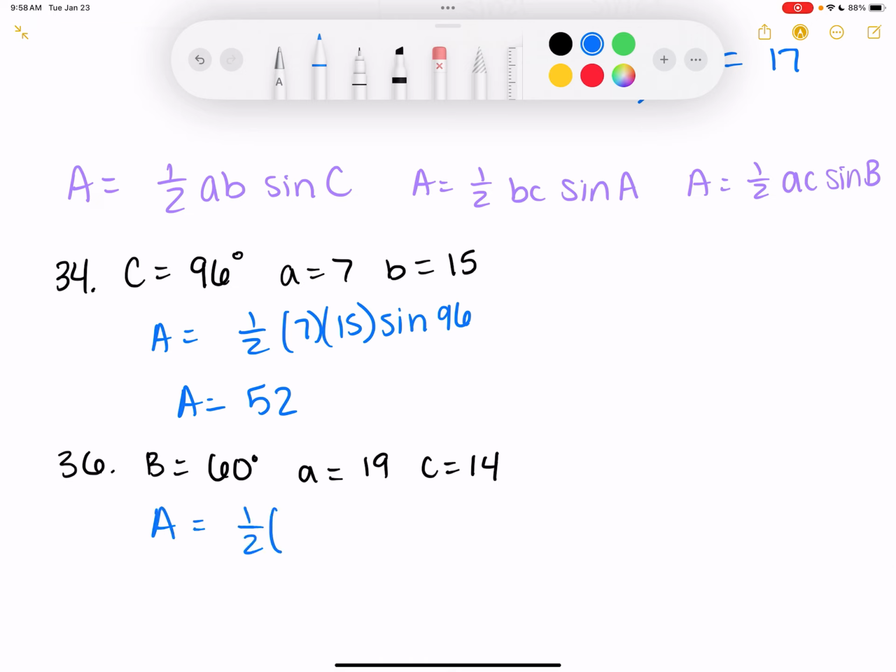Area equals 1/2 times 19 times 14 times the sine of 60. 115.